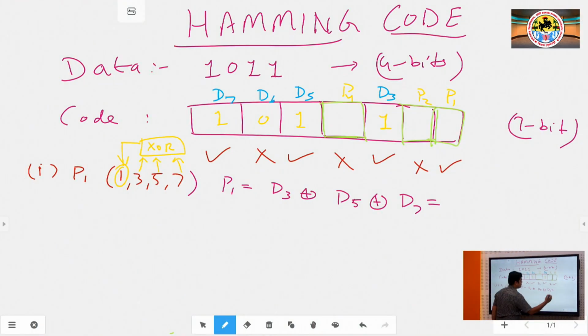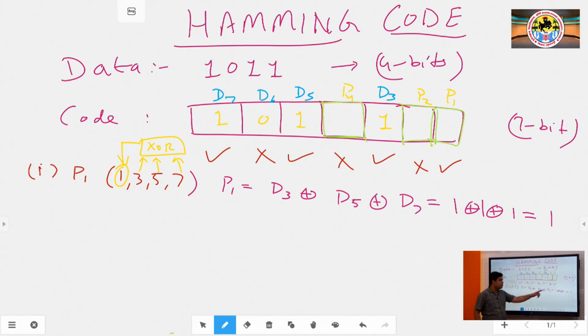It means for 3, 5, 7, that is 1 XOR 1 XOR 1. Result is 1.